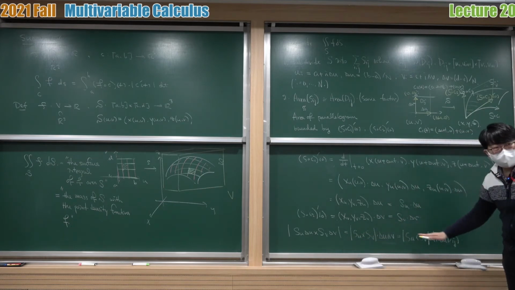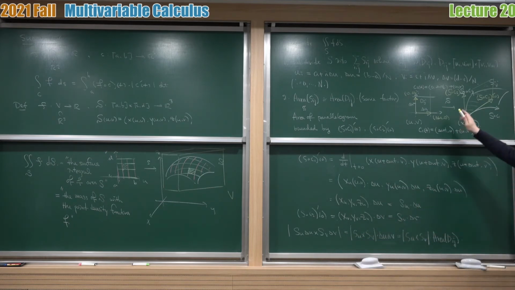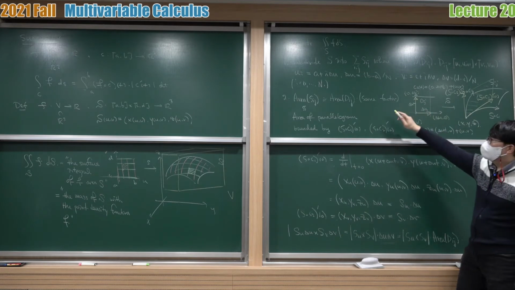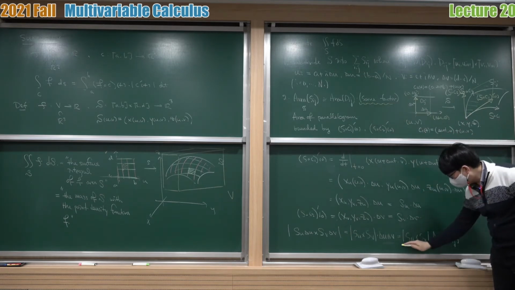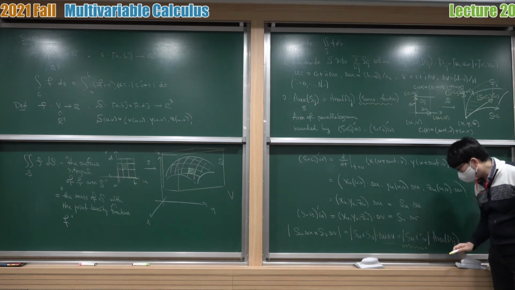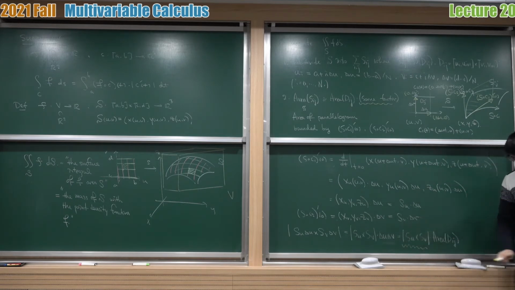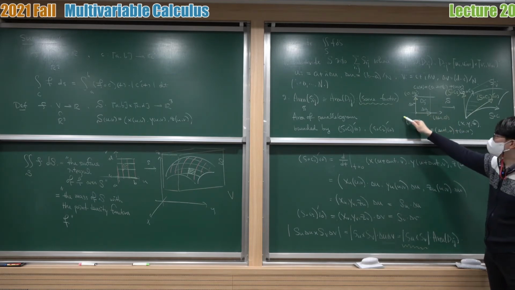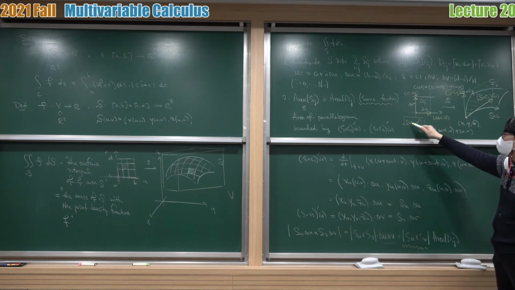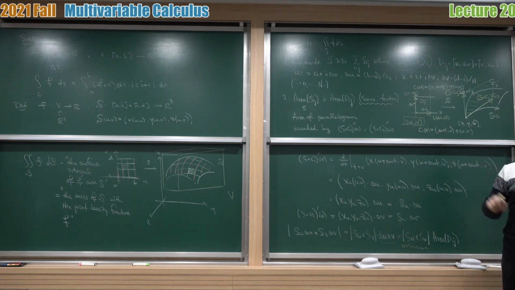So this is the approximate area of Sij. We needed this vector, and we found that it is given by Su × Sv. So we are talking about that thing on these points, so we can replace u, v as ui, vi. We can make the same argument.